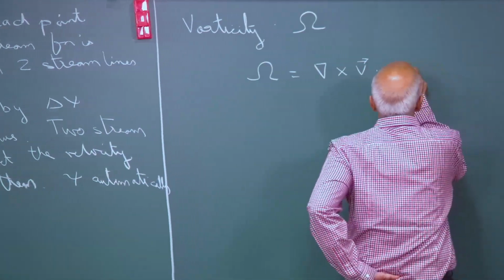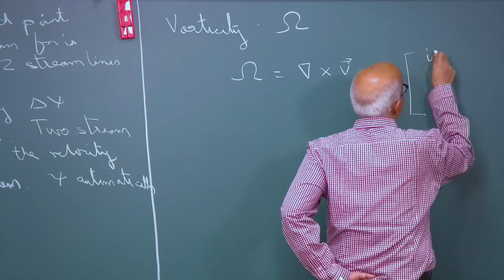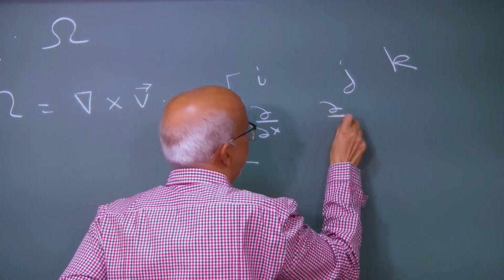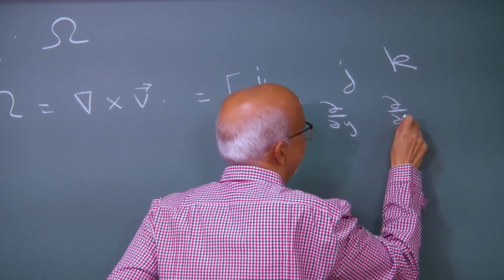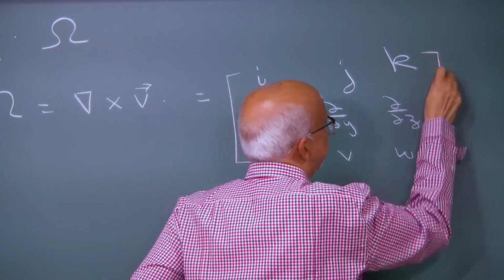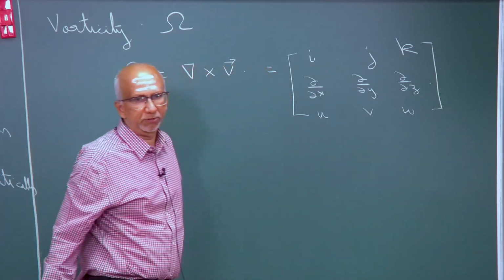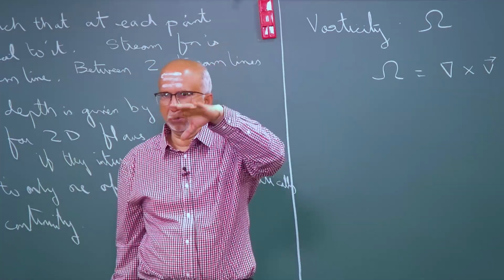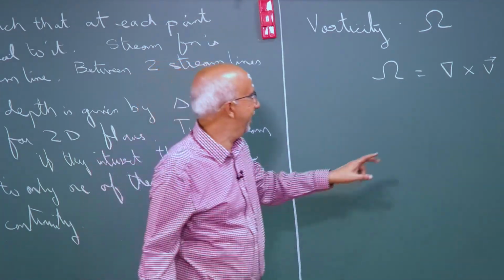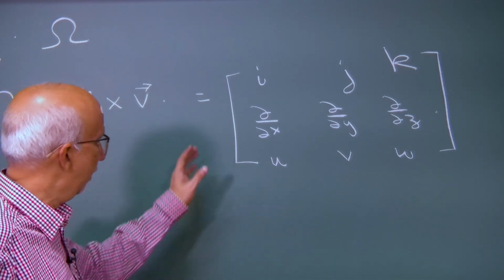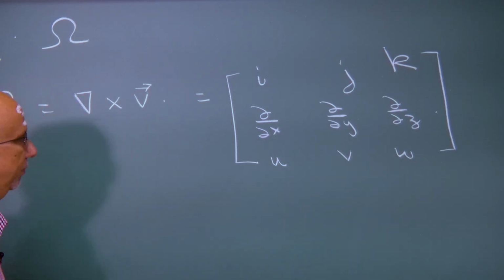We will write this as, this is going to be a vector, right, with rows i j k, d by dx, d by dy, d by dz, and u v w, or vx, vy, vz, whatever. This is how you would calculate the curl, okay. I mean A cross B, this is what you do. So, A is the del operator, and velocity is this. You calculate this thing, and remember we are looking at 2-dimensional flows right now, okay.